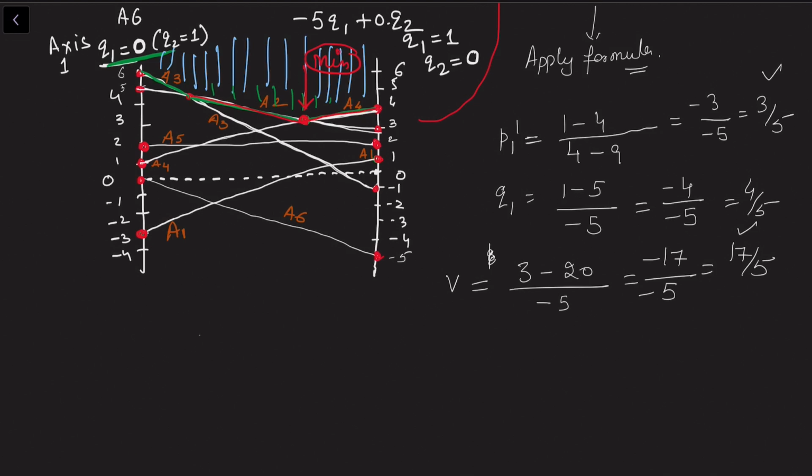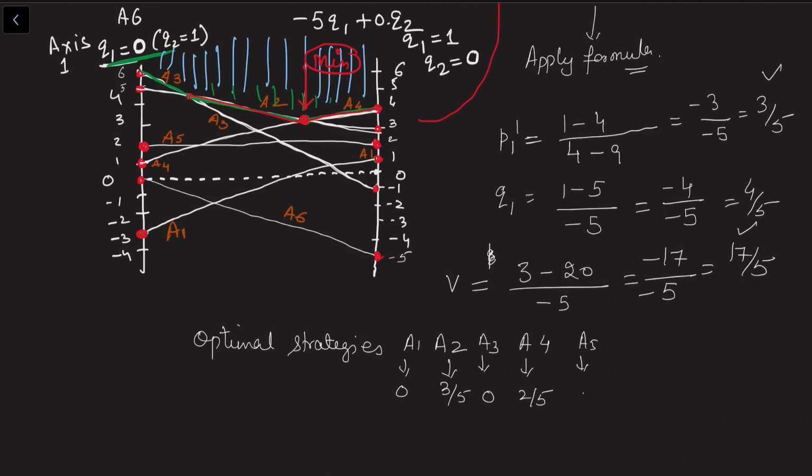So what is the optimal strategy for A? The optimal strategies for A are A2, A4. A2 comes with the probability 3 by 5 and A4 comes with the probability 2 by 5. All others have the probability 0: A3 comes with the probability 0, A5 comes with the probability 0, A6 comes with the probability 0.